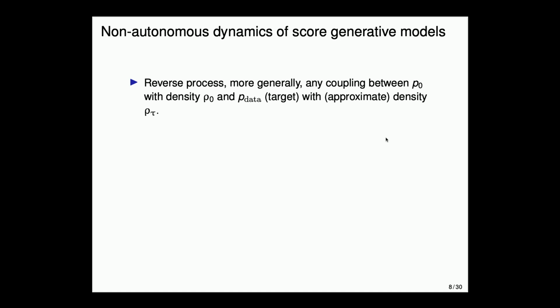The approximate density you can think of as what you get if you do not run your diffusion model all the way until the final time tau, but stop just prior to it, so that you still have a density. Or you can think of it as a small convolution of the target density with small Gaussians.